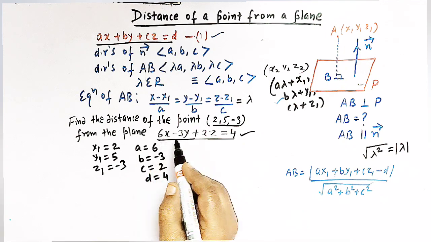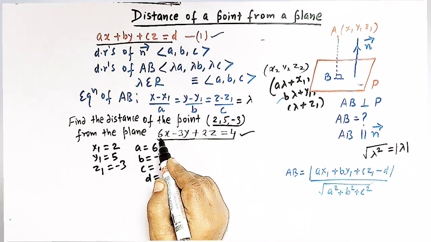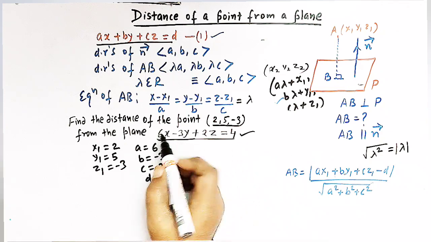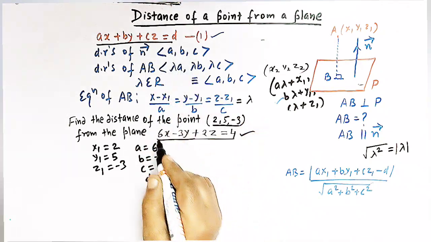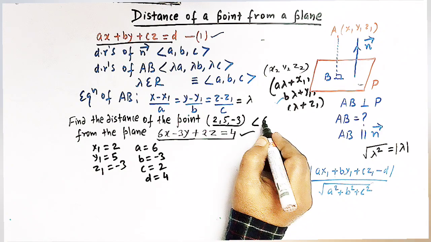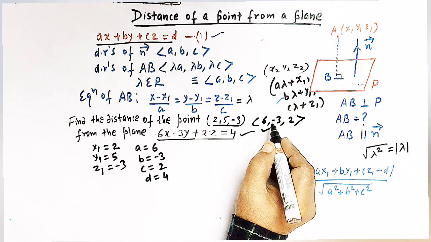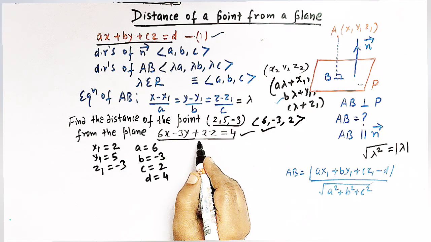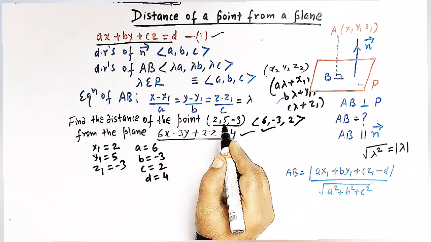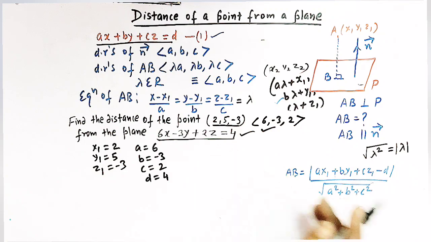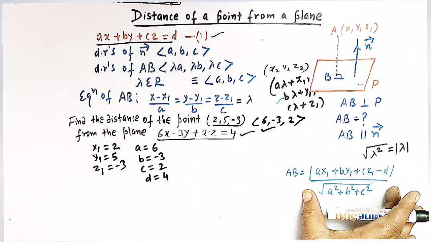Clearly the direction ratios of the normal vector to this plane are given by A, B and C, that is 6, minus 3 and 2. So these are the direction ratios of the normal vector to this plane. So the perpendicular distance of this point from this plane can be calculated from this formula.